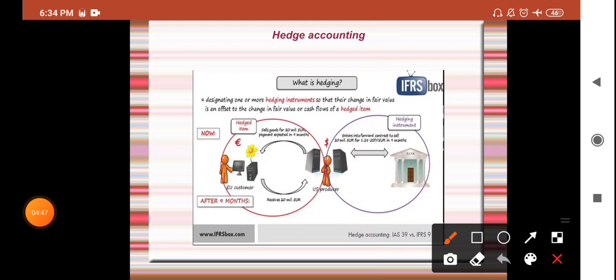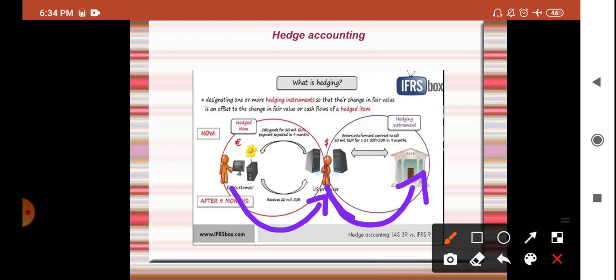So what happens after 9 months? The European customer will pay the 20 million, so the US producer receives 20 million from the European customer. After receiving this, the US producer will give this amount to the bank. The bank will convert this amount at 1.28 and pay back to the US producer.